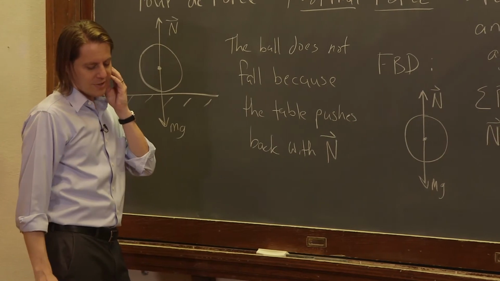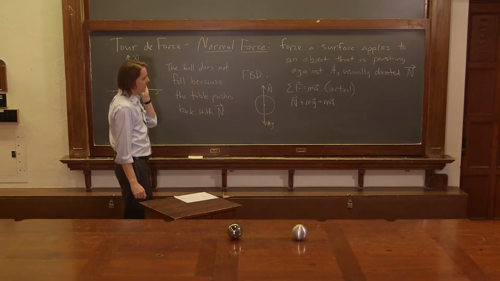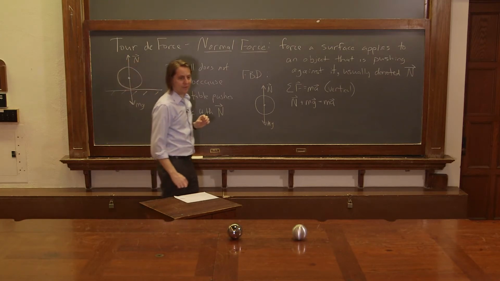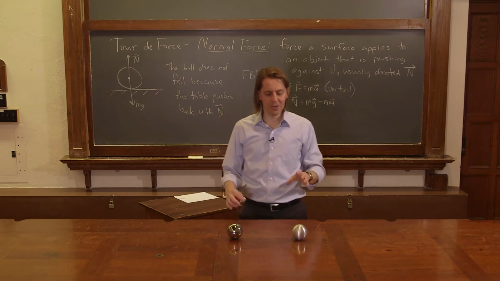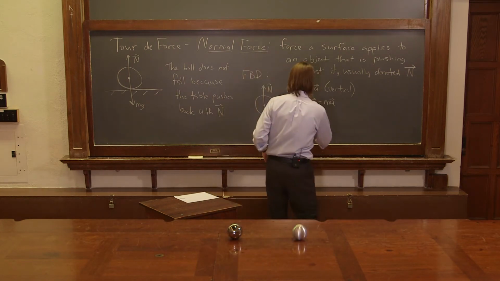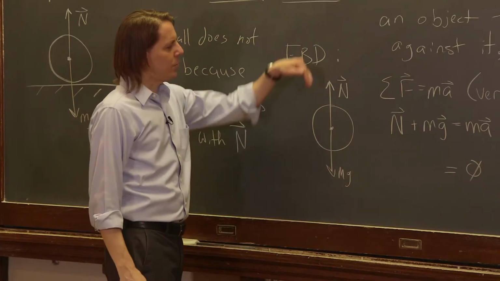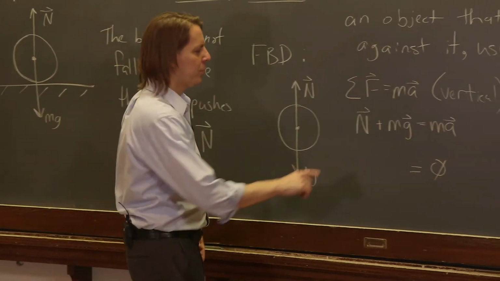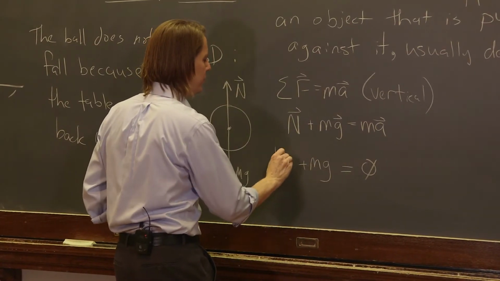Let's see, we're trying to figure out what's the situation when the thing is not moving. If we're in an inertial reference frame, when it's not moving, then the acceleration must be 0. So then we want to say this side is equal to 0. And since we're in sort of one dimension, we don't have to worry about the vectors. We'll call this just mg, and we'll just call this the magnitude of the normal force.